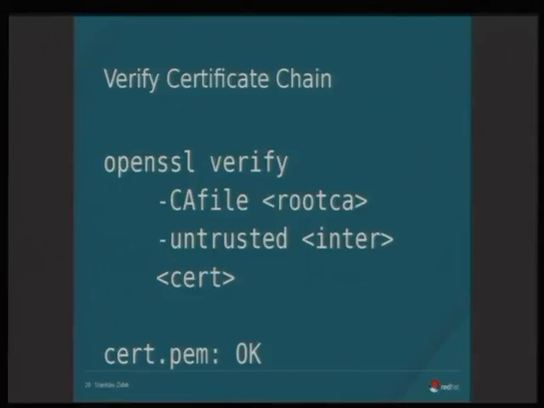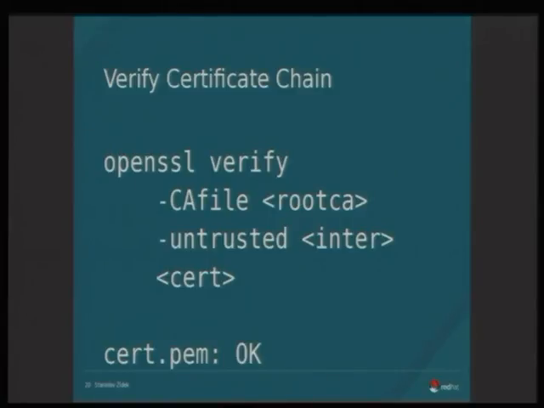If you want to verify more complex certificate chains, and you want to indicate, okay, I want to trust this certificate authority, but then there are some other intermediate certs, and I want to see if it links down to the server certificate I want to test, you could use the option again for OpenSSL verify, untrusted, where you provide it the cache that your system might have.